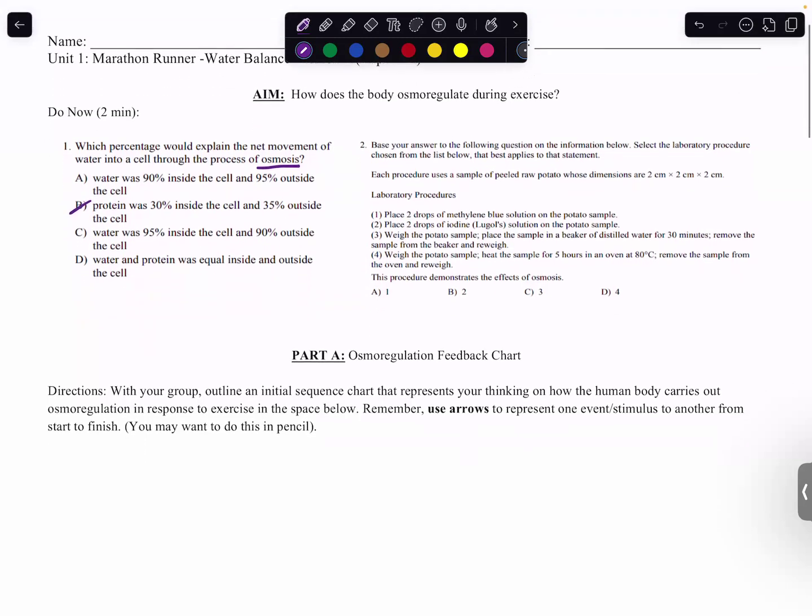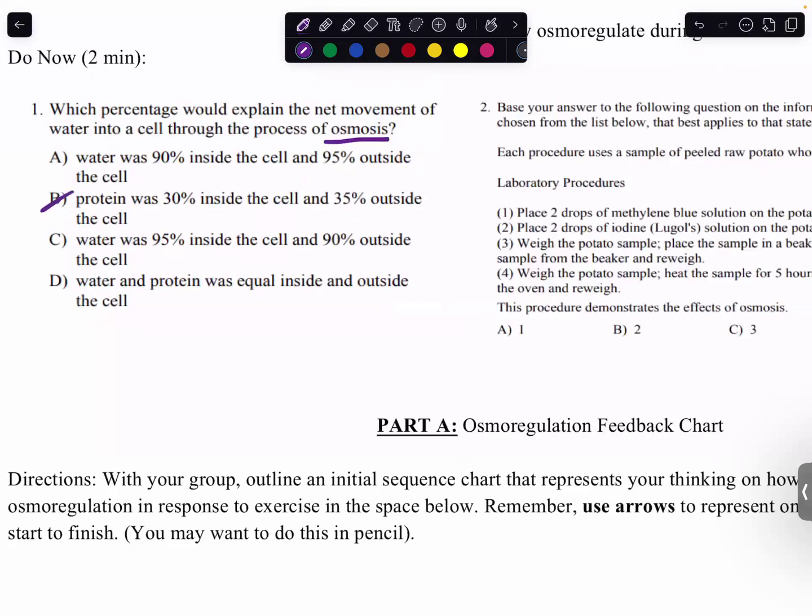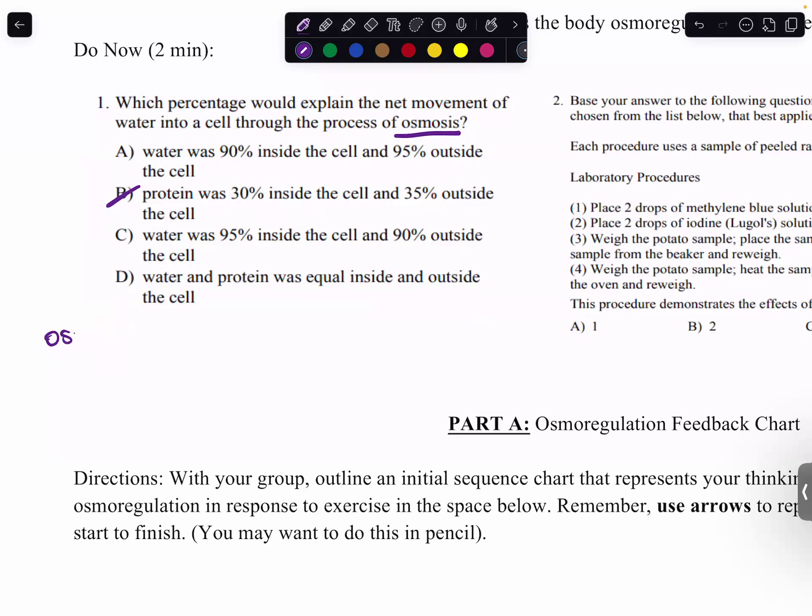And actually, before we answer this question, let's just define osmosis. It's the movement of water.